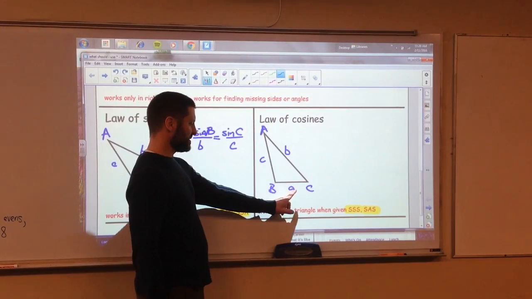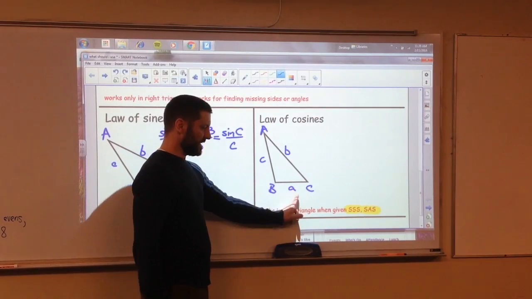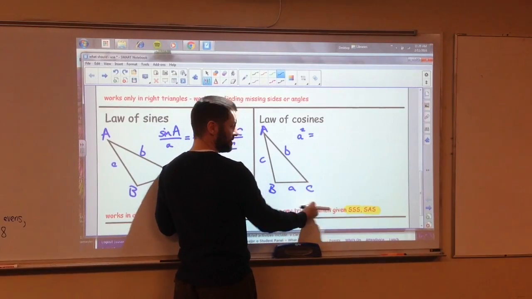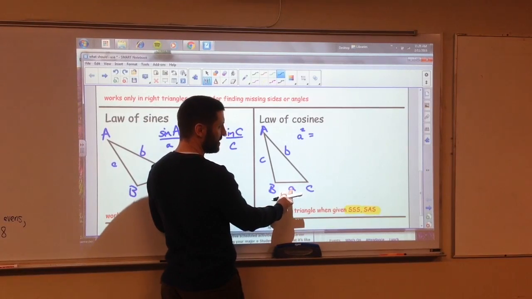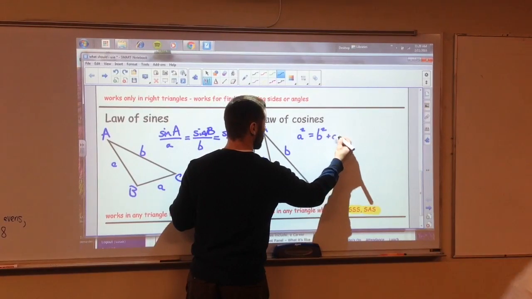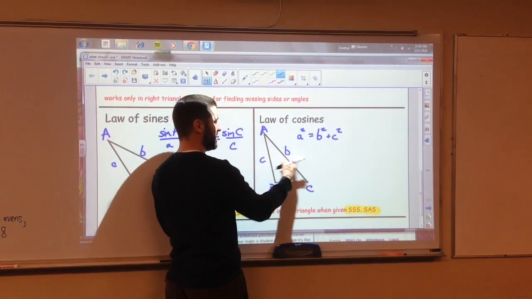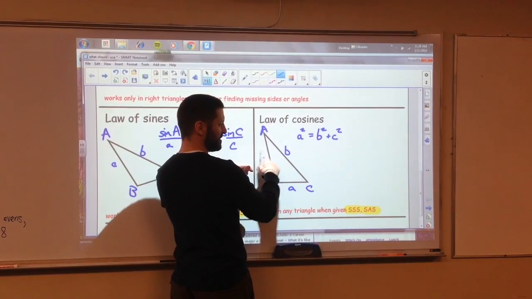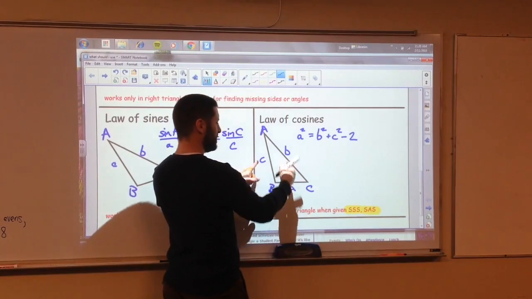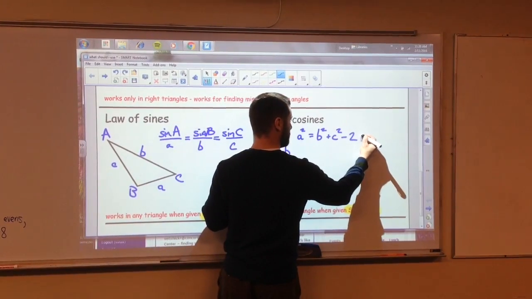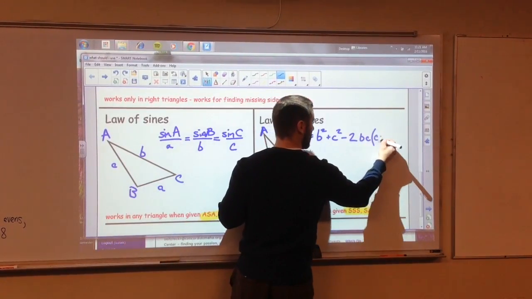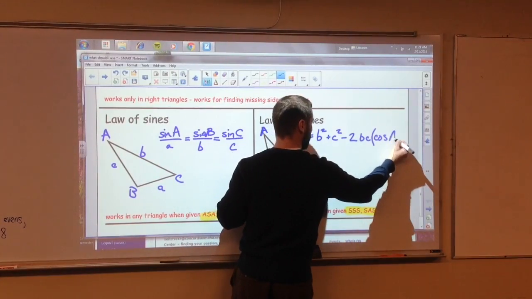If you're going to find an angle given SSS or SAS, the formula goes: a squared equals b squared plus c squared, and it doesn't matter which side is b or c, minus 2 times bc, and now here's where the law of cosines comes in, times the cosine of that angle A right there.